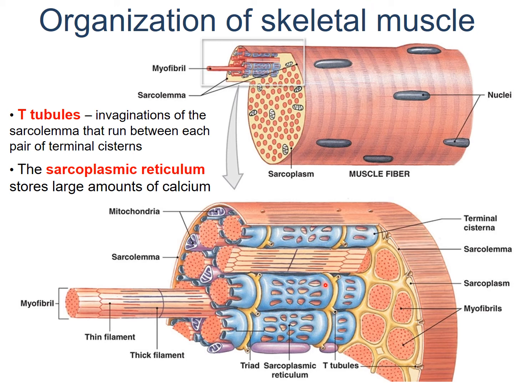If I move the laser pointer over here, the laser pointer is now on the other end of the sarcoplasmic reticulum. So each sarcoplasmic reticulum has two ends, right? 1, 2. The end of a sarcoplasmic reticulum is a terminal cistern.